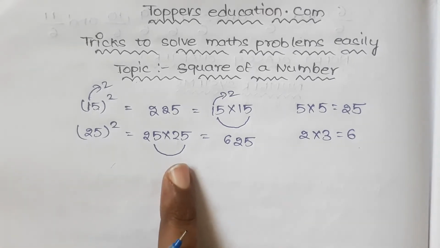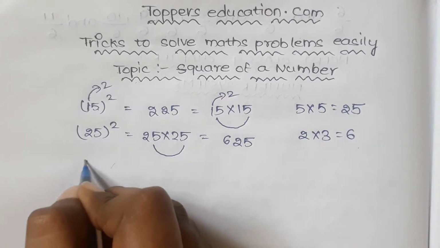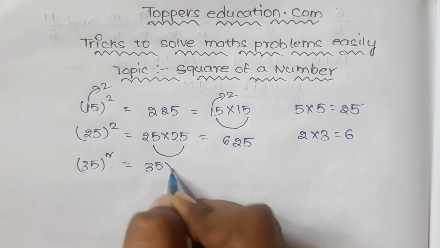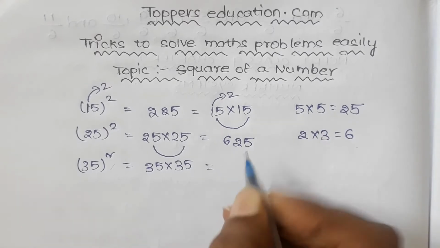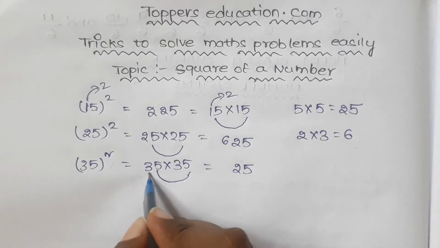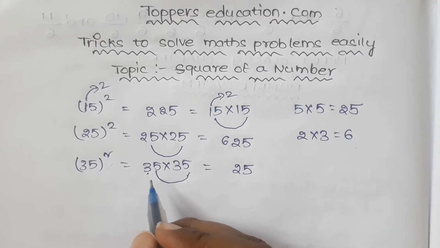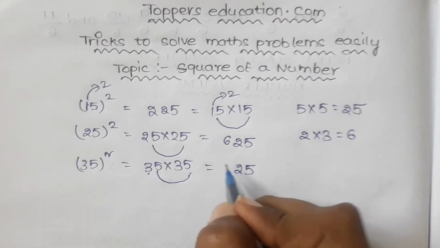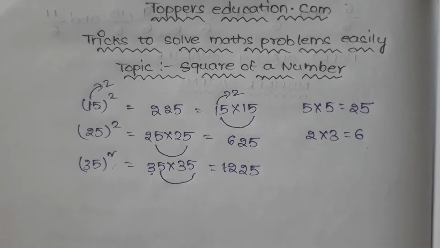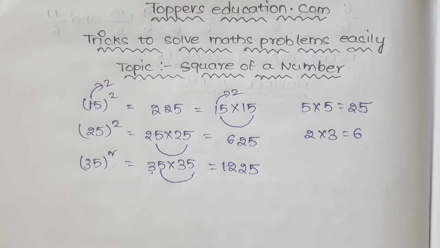Let us solve 35 square, that is 35 into 35: 5 into 5 is 25, and 3 in the tens place is multiplied by the next number, that is 3 into 4, equals 12. This procedure is applicable only to numbers like 15, 25, 35, 45, 55 and so on.